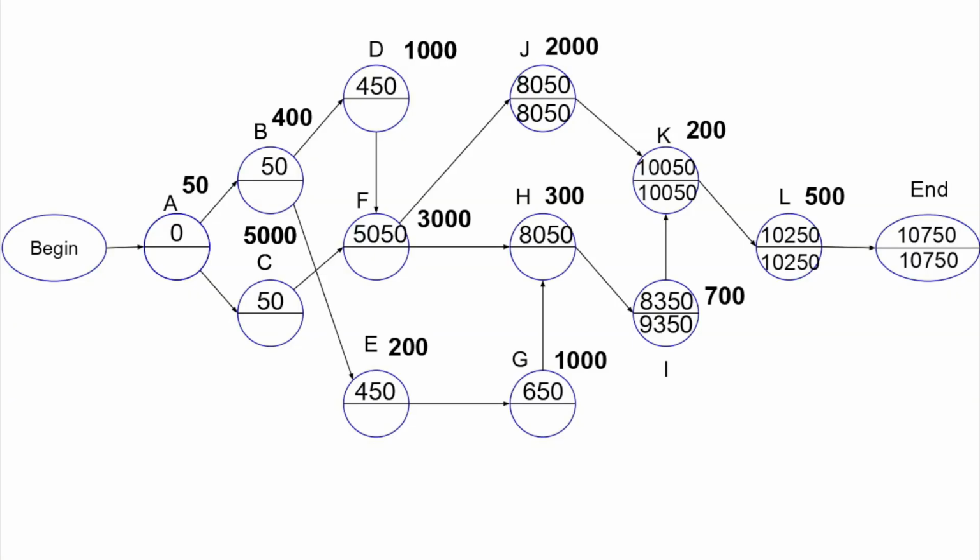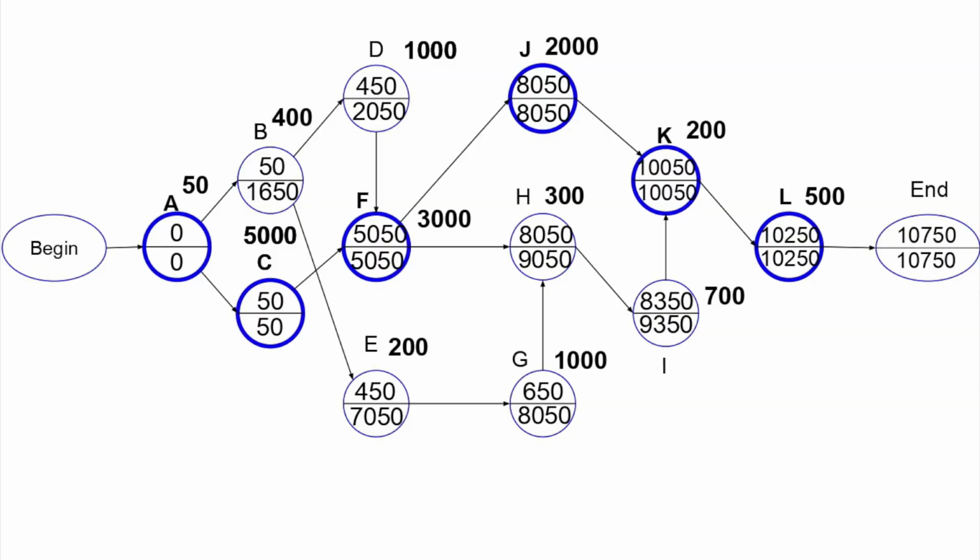We apply the same process to node J, then node F, then node C, A, H, G, E, B, and finally node D. To find the critical path, we look at the nodes that have equal earliest and latest start times. These are the nodes in order: A, C, F, J, K, L, and thus form the critical path.